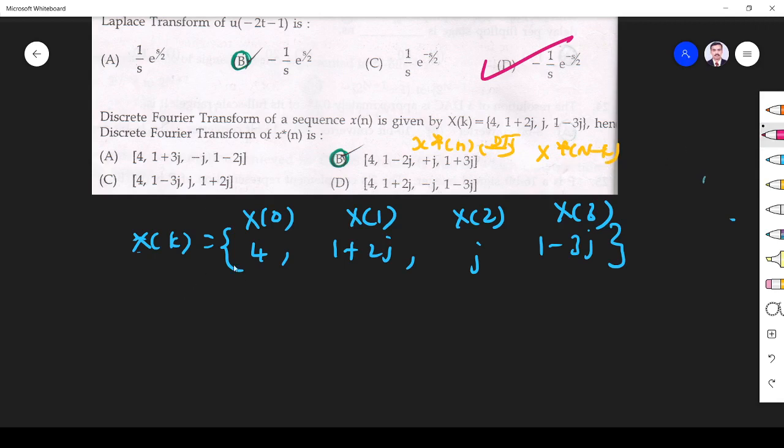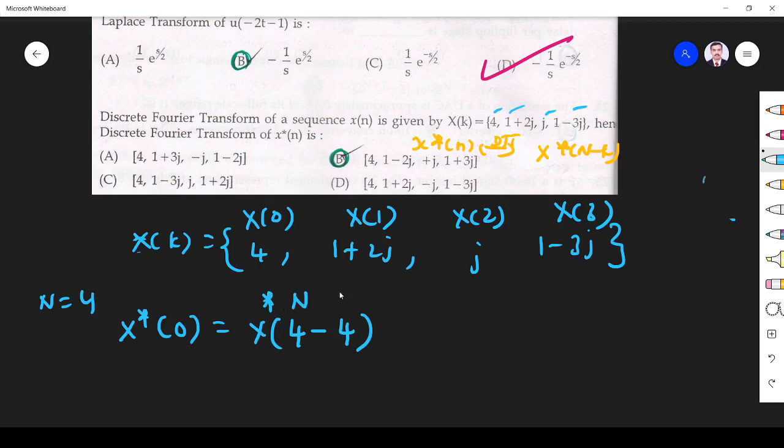So what I need to do: here N is equal to 4 because it is a 4-point DFT. 1, 2, 3, 4, so N is equal to 4. First I need X star of 0, that means X star of N minus k. N is 4 and k is 4, then only I will get it.